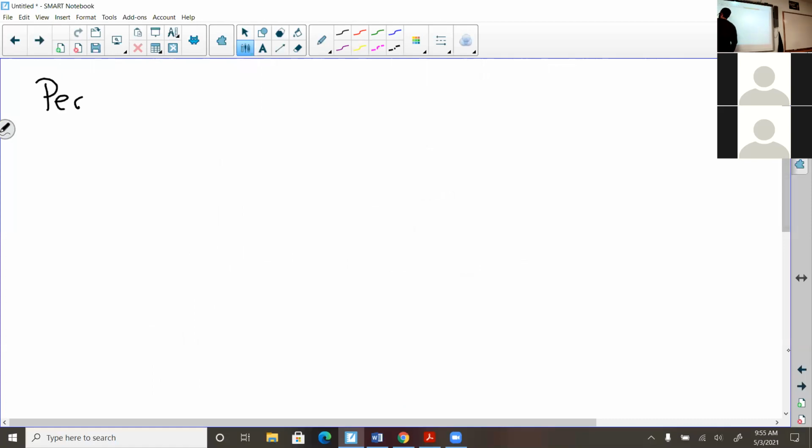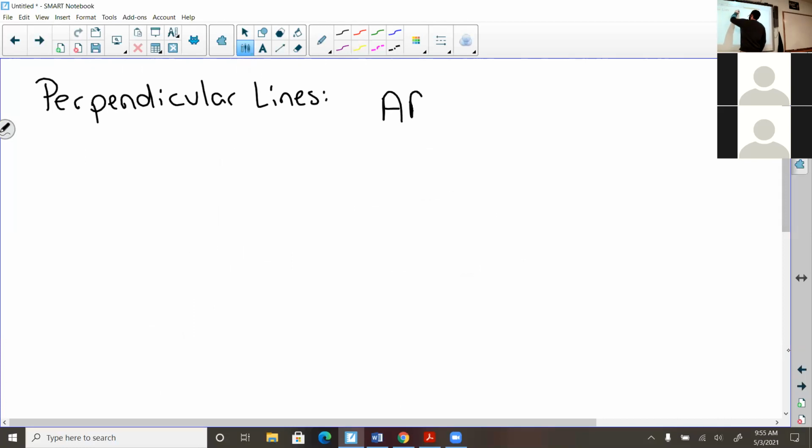And the last one are going to be perpendicular lines. AB is perpendicular to CD.